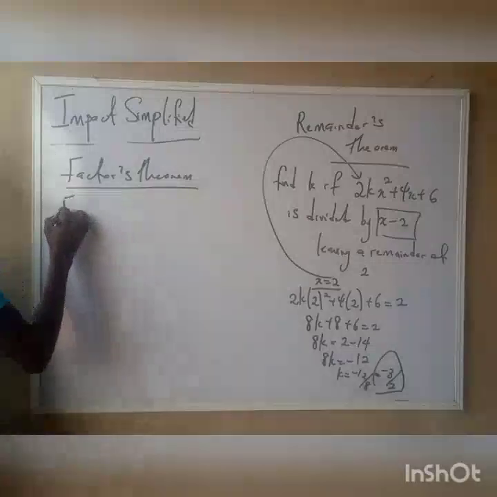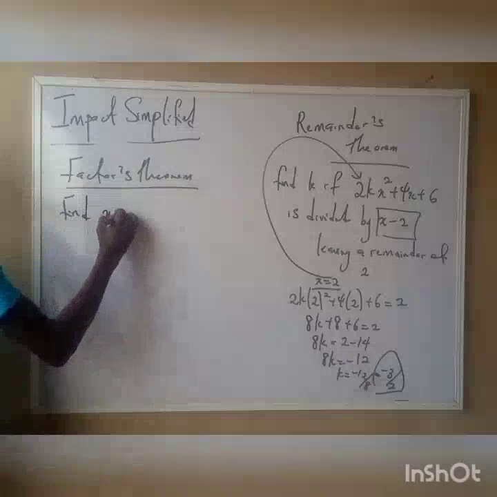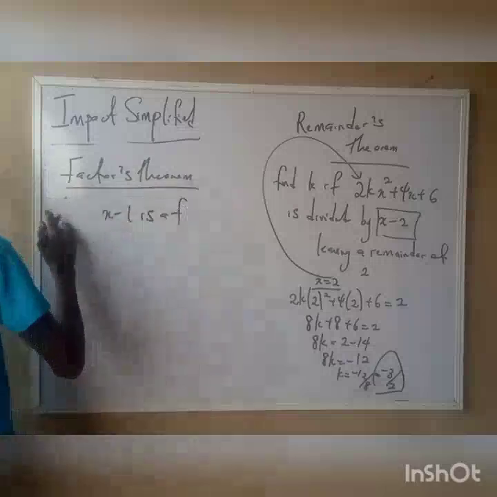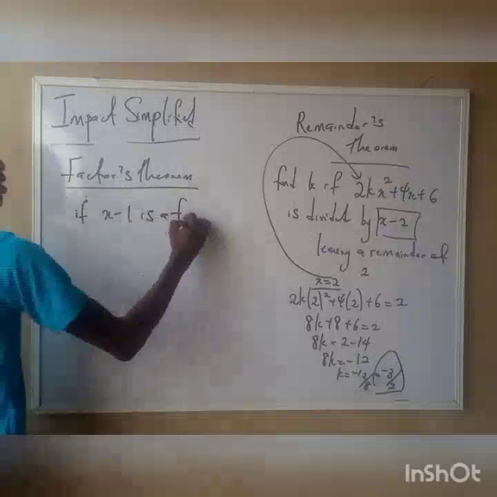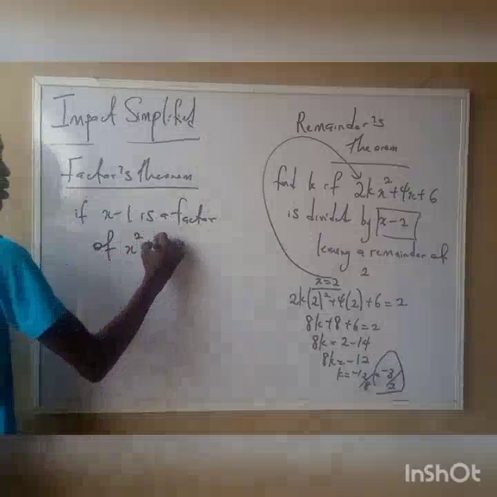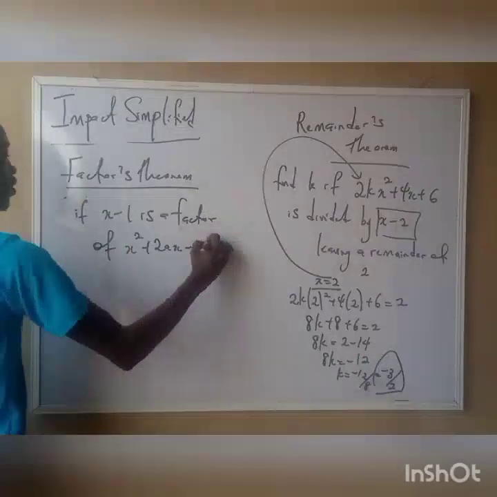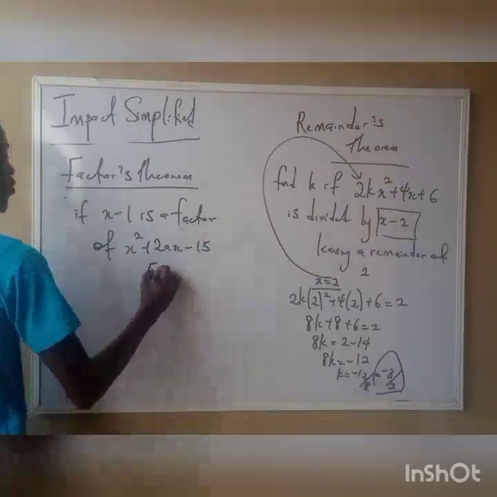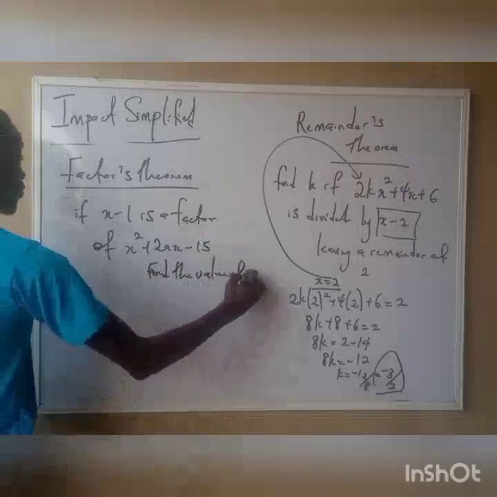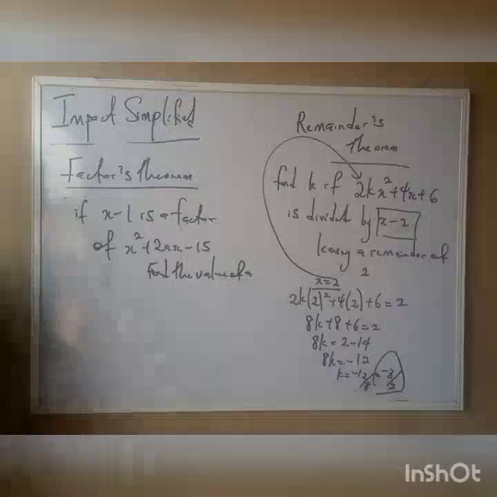Now for this, they said if x minus 1 is a factor of x squared plus 2ax minus 15, we should find the value of a. And it's still the same thing as the remainder theorem.